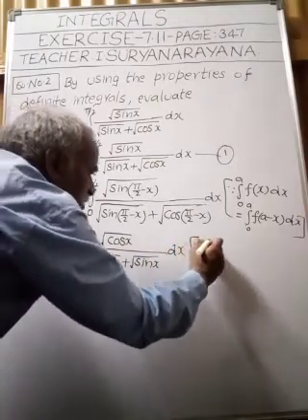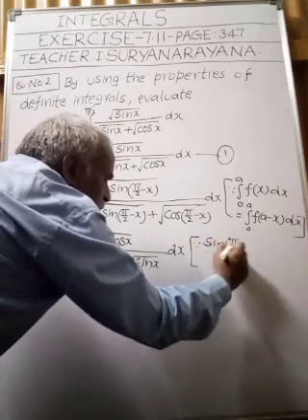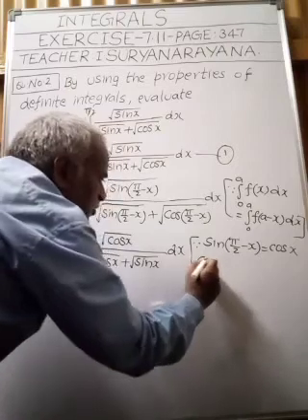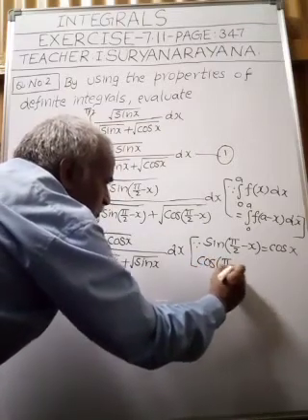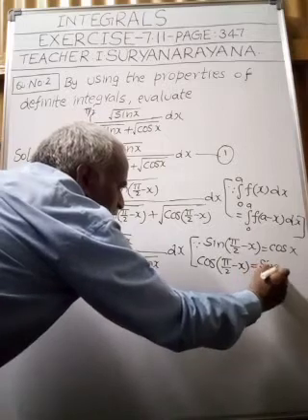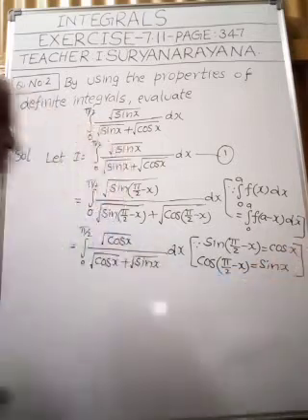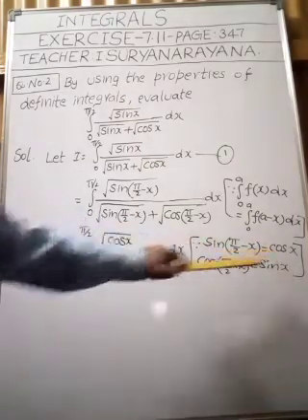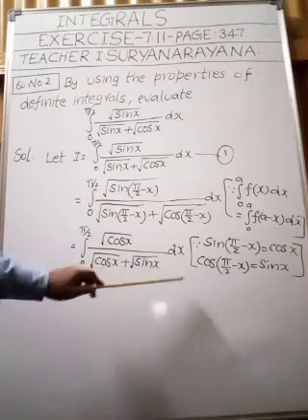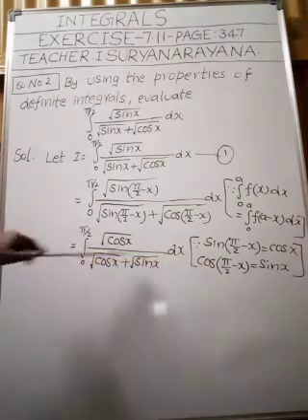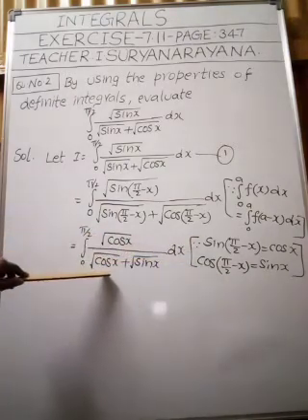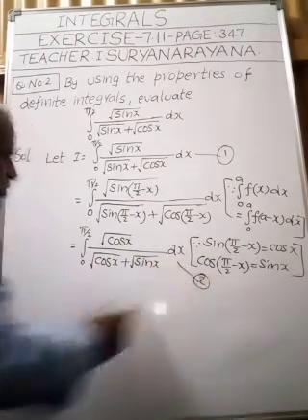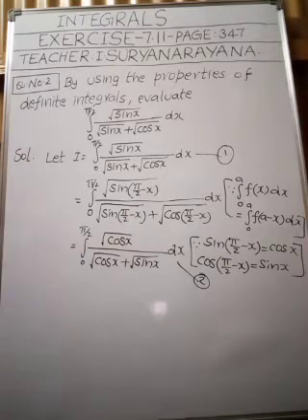Because sin pi by 2 minus x is equal to cos x, and cos pi by 2 minus x is equal to sin x. By using these trigonometric identities, we wrote this step. Understood this step, my children? Let us consider this is result 2.